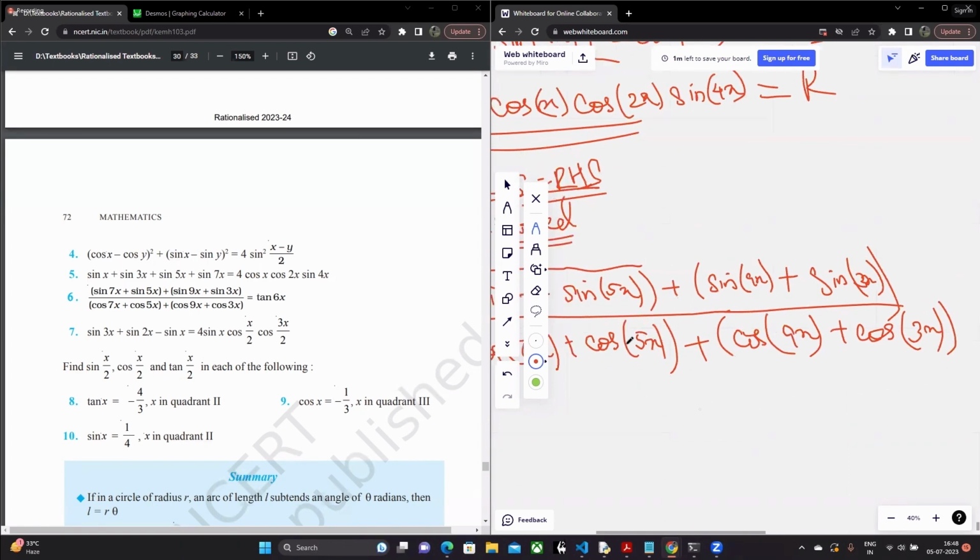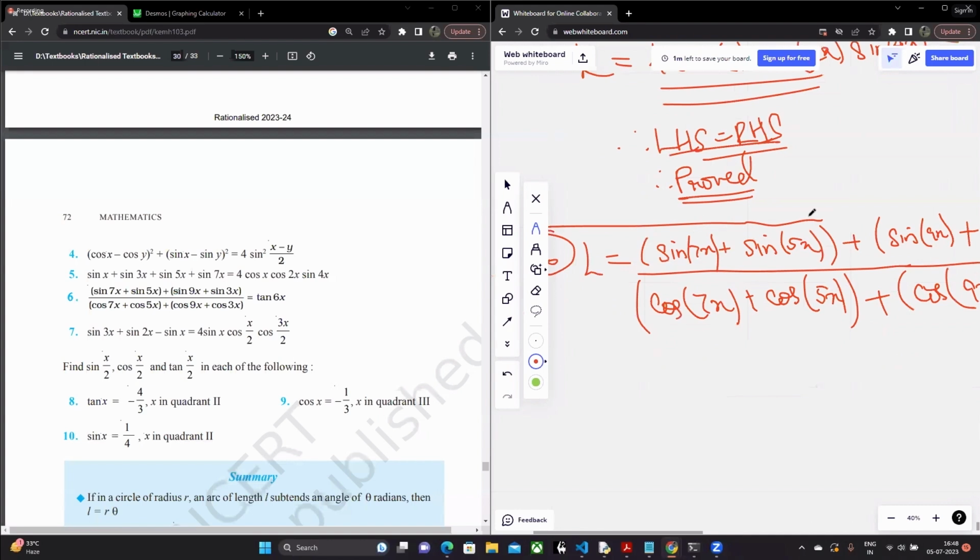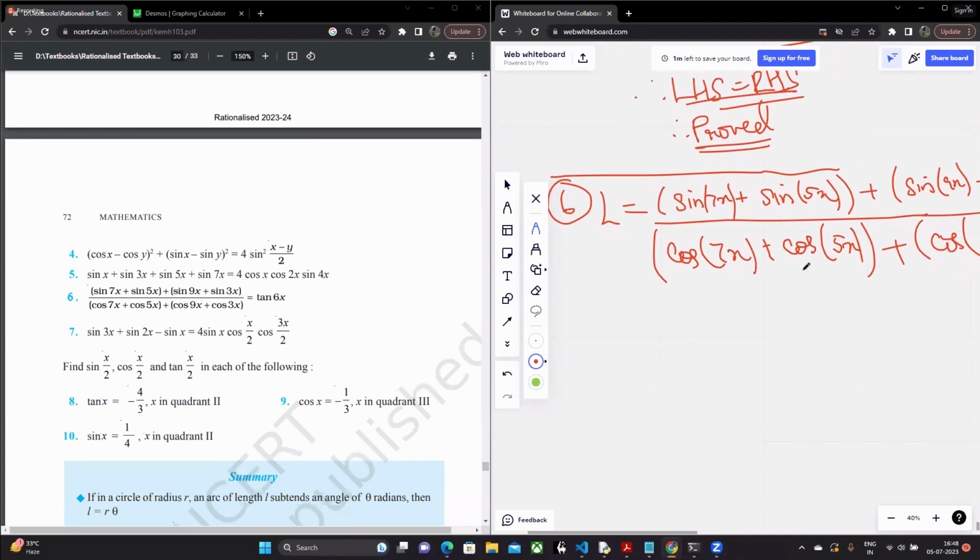Apply the sin A plus sin B, cos A plus cos B formula twice.